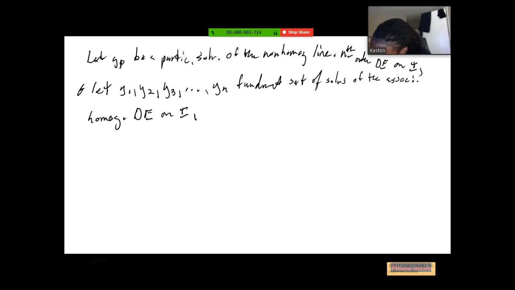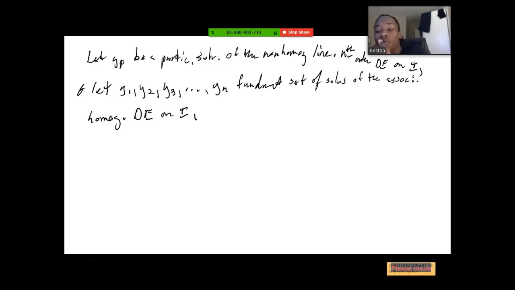If you ignored that right-hand side and made it a 0, then your y1 through yn are not just n solutions, they're a fundamental set of solutions of the homogeneous case. So that's what we have. These are the solutions if you set the left-hand side equal to 0. This is a particular solution if that right-hand side is not equal to 0.